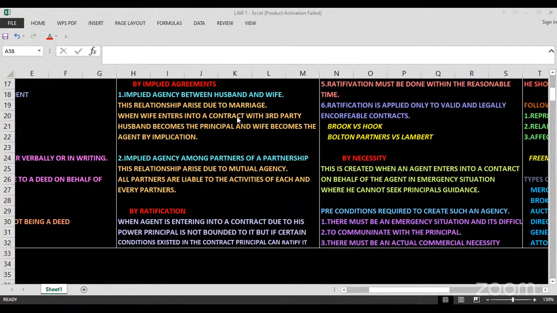Now an agent, okay, an agent. Let's take an example, something like this. A. Let's give him a position. A is the head of, let's say, the cutting department.